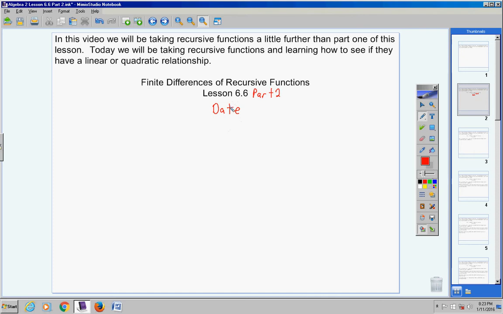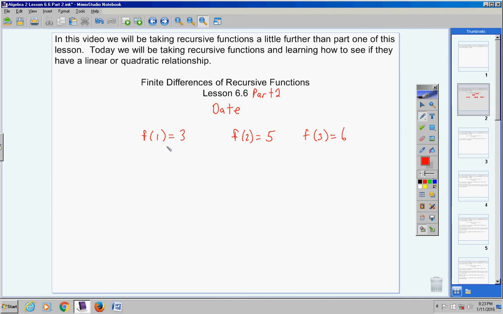Now, what I'm saying to you is this. Let's say you have a recursive function. You can take notes on this or just watch, and you get out f of 1 equals 3, and then f of 2 equals 5, and then f of 3 equals 6, okay?